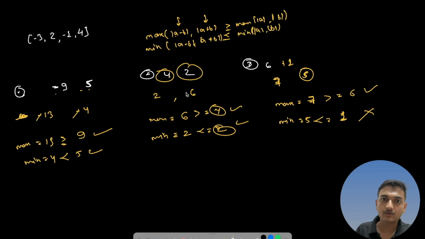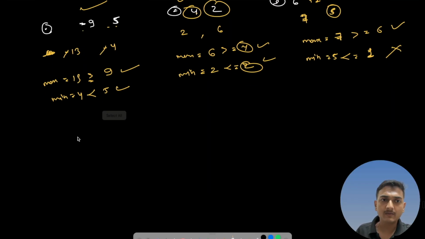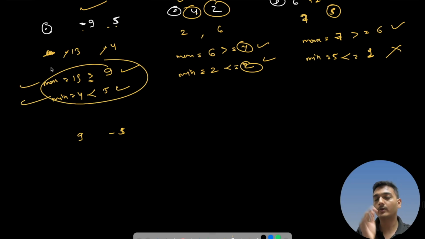Okay, so these are a couple of examples. Now for one observation: if I do something like 9 or minus 5 and try it out, you will again get this as the answer and the condition is still satisfied. If you get something like minus 9, minus 5, the condition will still be satisfied, and you will still get a count equal to 1.